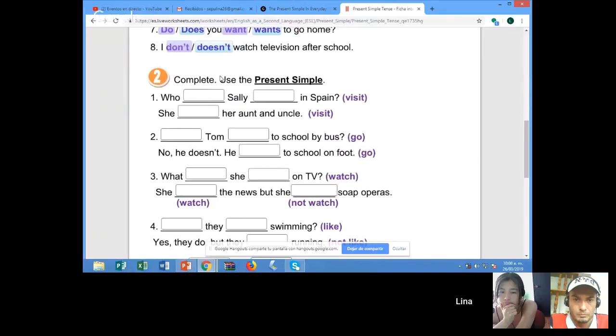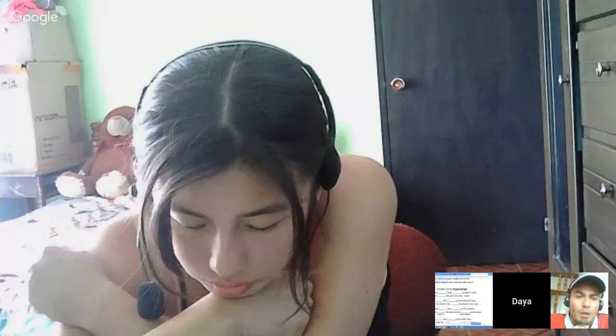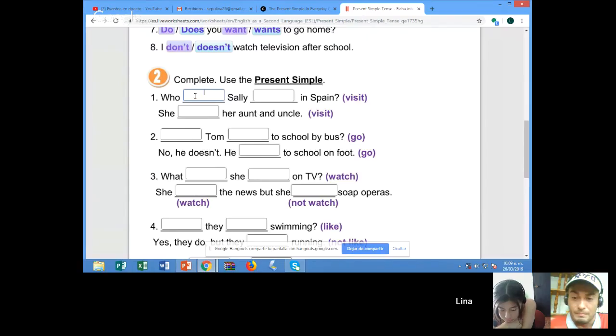Okay, now we need to complete using the present simple again. So, Carlos, you can fill in the blank. What do you think is this one? Can you show me the exercise again, teacher? I cannot see it. Okay, the first one. Complete using the present simple.